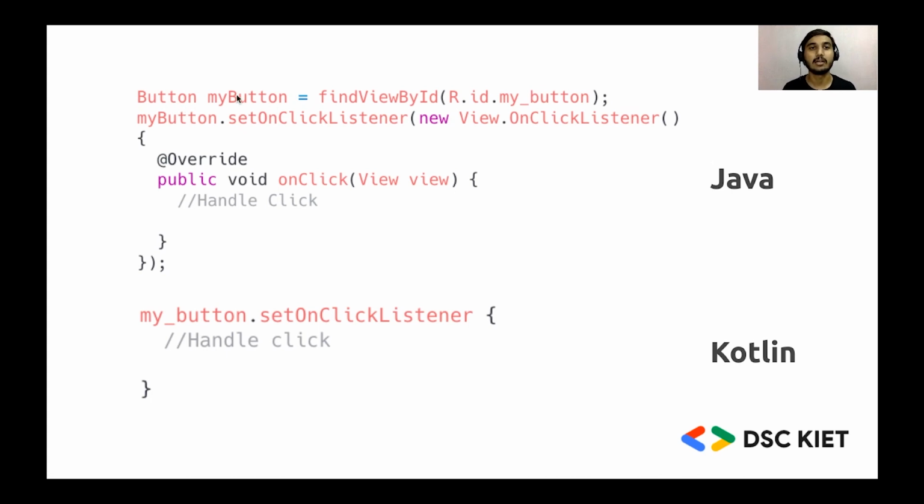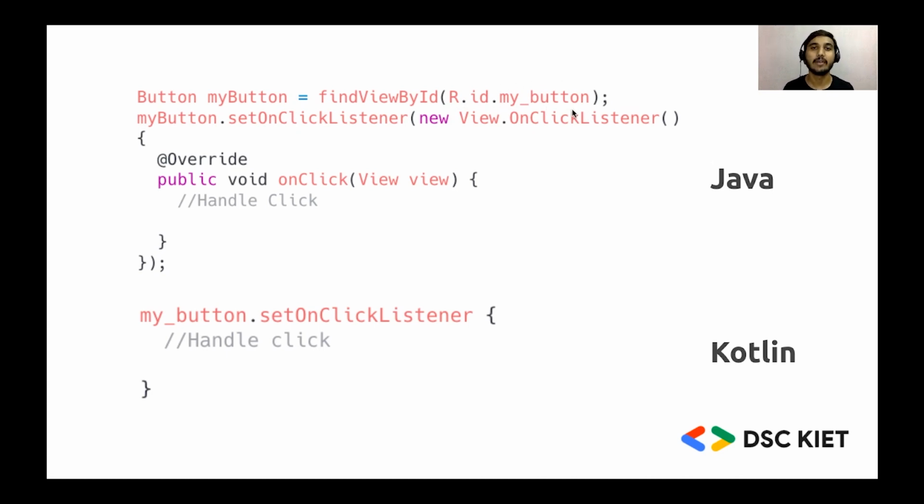So I'm saying myButton equals, and this findViewById is an Android method which actually finds your UI which is present in the XML. We'll be seeing this later as well, like how it is exactly finding these IDs. Here I'm referring to R.id.mybutton. So in our UI part we would be referring to the ID which I have assigned here, which is mybutton.